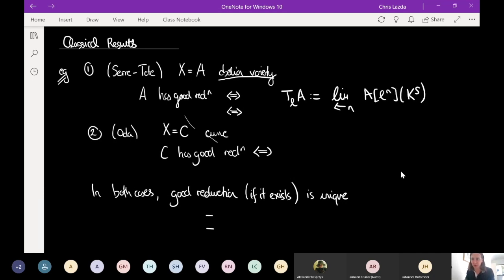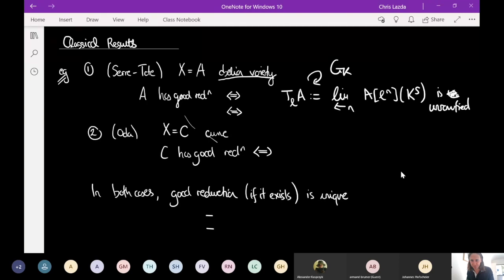This has a natural action of my Galois group, and then what the result says is that the abelian variety has good reduction if and only if this Galois representation, this Galois action on the Tate module, is unramified. So in other words, if the inertia group acts trivially.